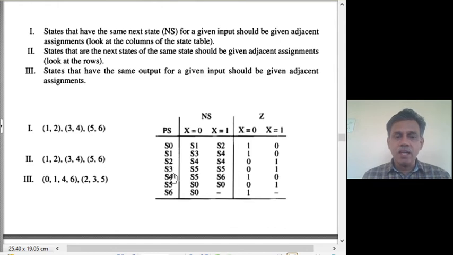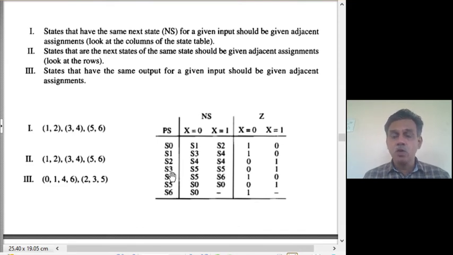So, S3 and S4 are two states which have the same next state, namely S5, for a given input, namely x equal to 0. Therefore, 3 and 4 have to be adjacent. That is what this tells. States 3 and 4 that have the same next state, namely S5, for a given input x equal to 0, should have adjacent assignment.